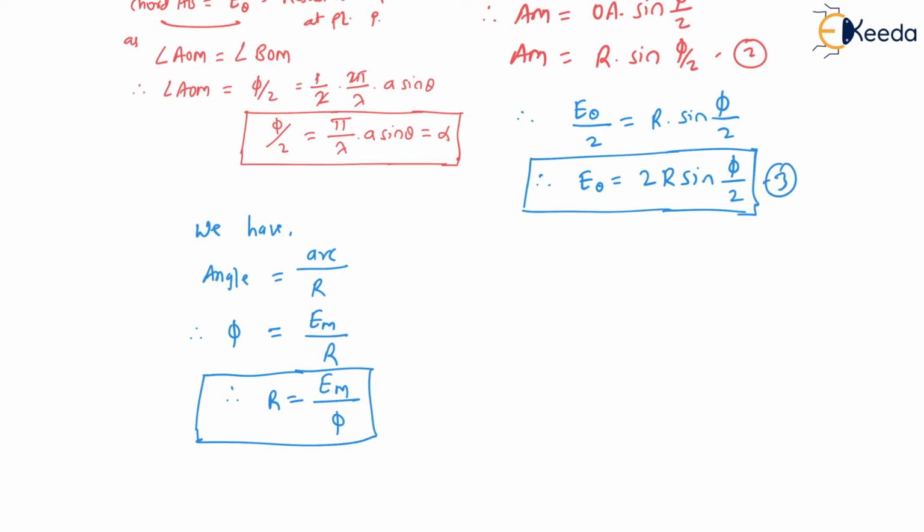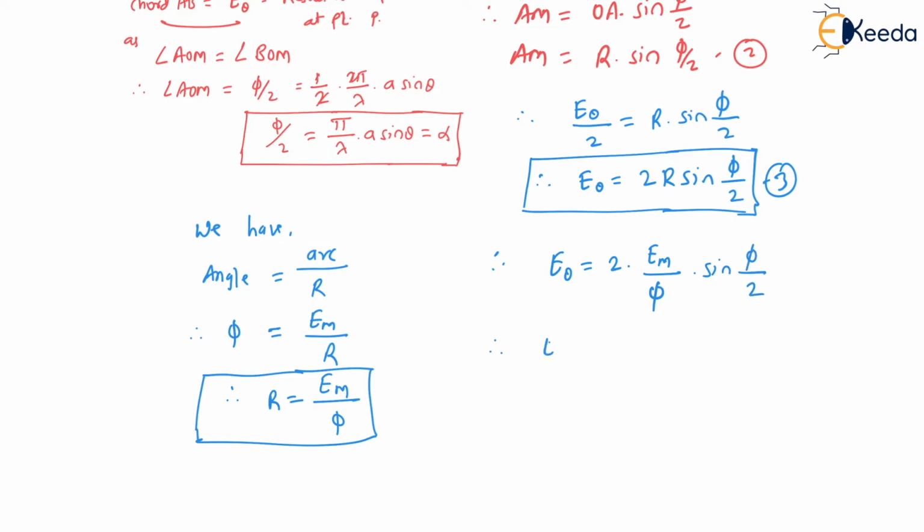Here, equation number 3, let it be. This E theta equal to 2R sine phi by 2. So here, instead of this R, we can write this value, that is Em upon phi. Therefore this E theta will be equal to 2 as it is into Em upon phi into sine phi by 2.